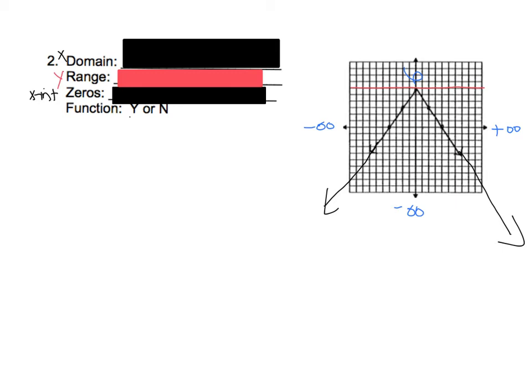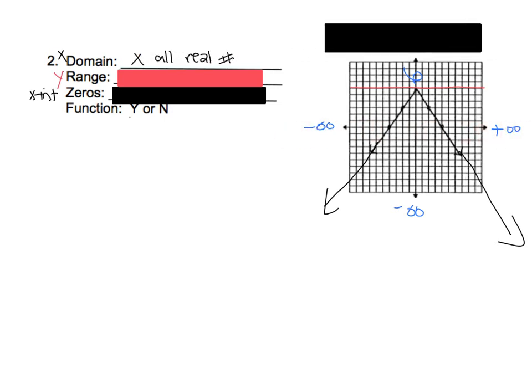So our domain, okay, remember domain is your x value, which means we're going left to right, so left to right. And notice we're going from negative infinity to positive infinity. So that means we go forever in both directions, which basically means that x is all real numbers. X can be any possible number.